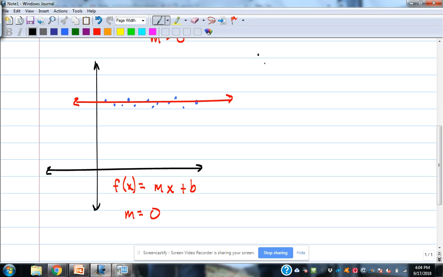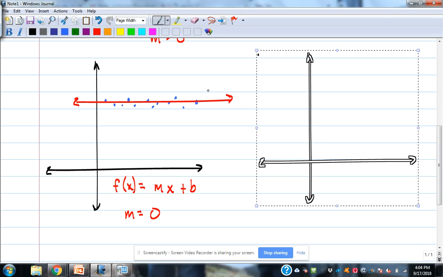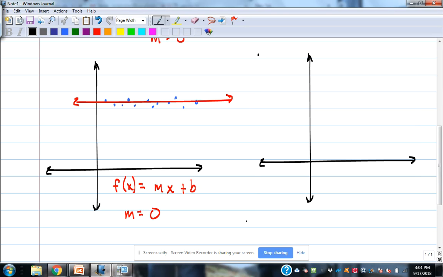Last scenario that we're going to draw a little sketch of, and then we're going to actually do some work with some data, is when it's a non-linear scenario, and that's where you've got points that might follow some sort of pattern, but they don't follow a straight line pattern, but they follow some other kind of pattern.